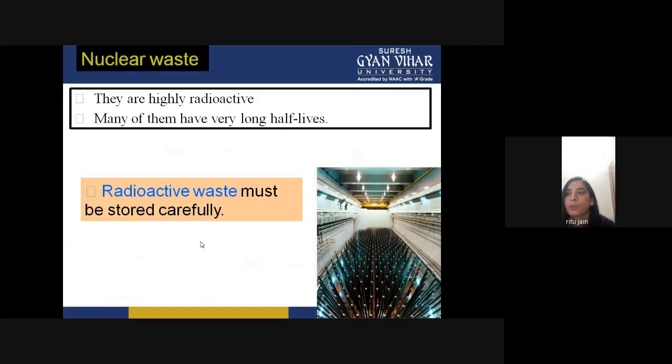Now, nuclear waste. It is highly radioactive, and many of the materials have very long half-lives. So radioactive waste must be stored carefully because it can damage the human body.